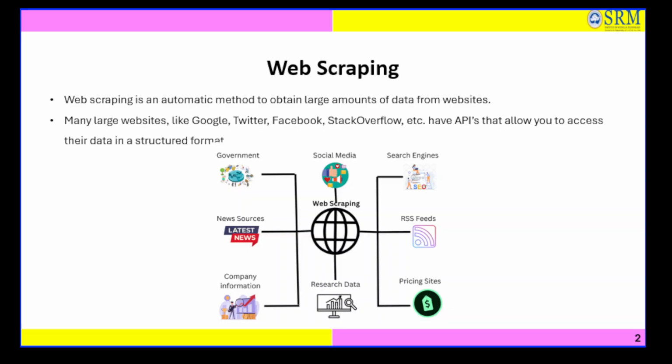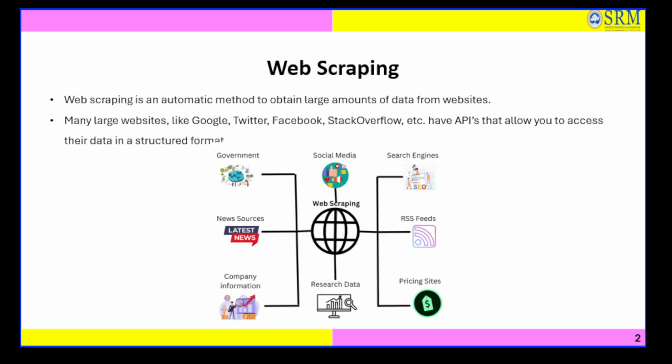There are many different ways to perform web scraping to obtain data from websites. These include using online services, particular APIs, or even creating code for web scraping from scratch. Many large websites, like Google, Twitter, Facebook, Stack Overflow, etc., have APIs.